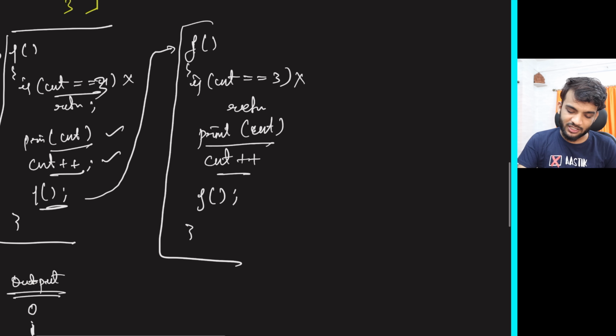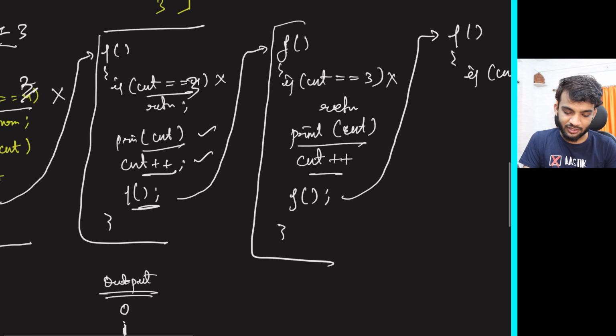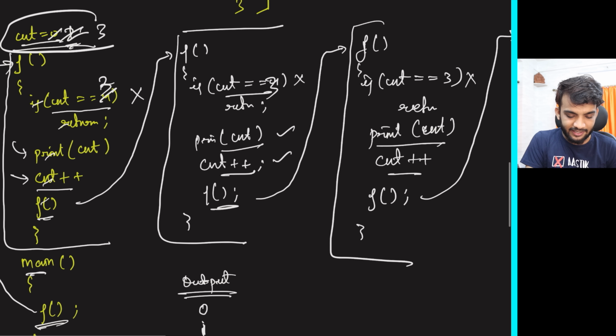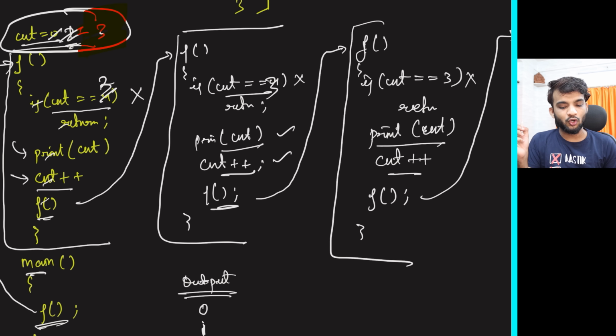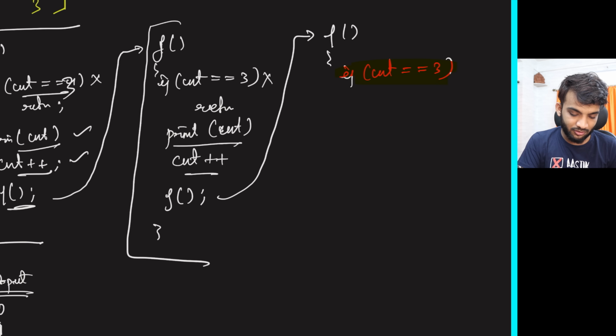And this time this function call will again call some other function. But at this moment, if you carefully observe, counter is indeed 3. Counter is indeed 3. So this line will be executed and you will say return.